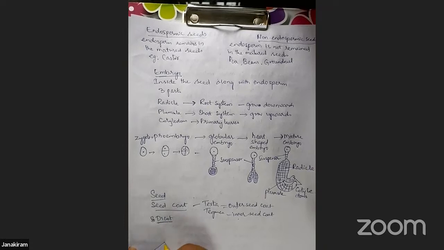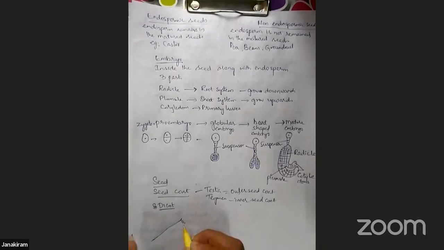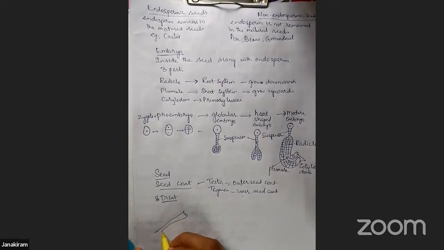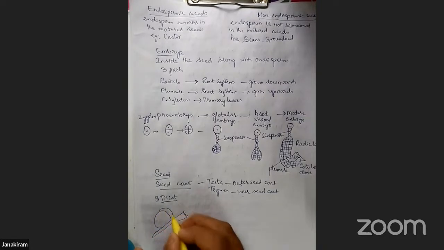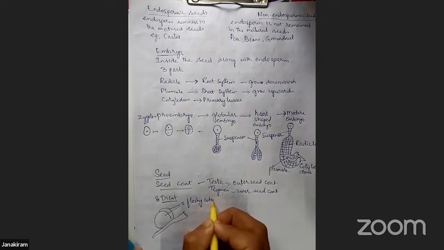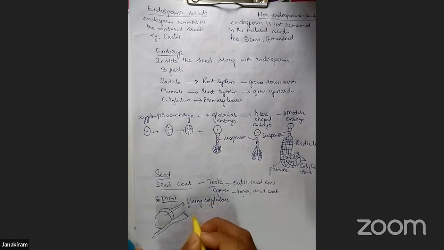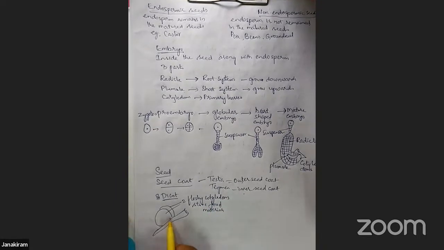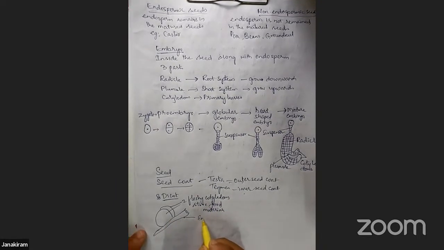If you see the embryo of dicot plants, they have big cotyledons, 2 fleshy cotyledons. These fleshy cotyledons will store food materials. The main body of the embryo is the embryonal axis.